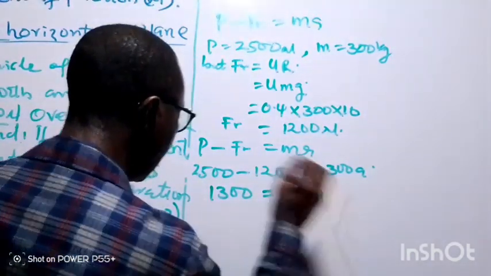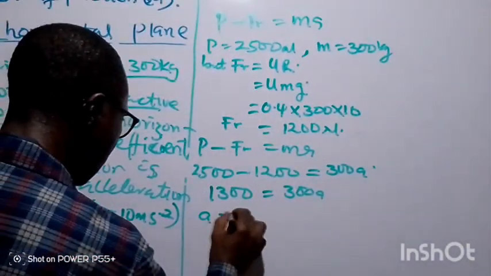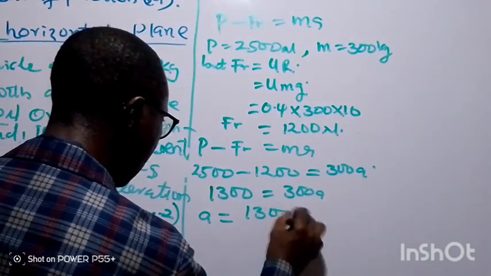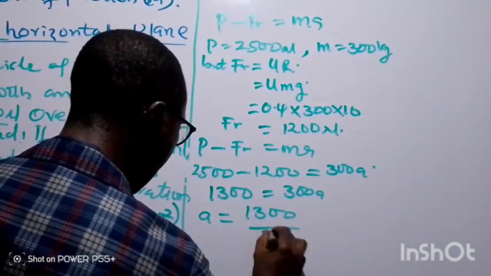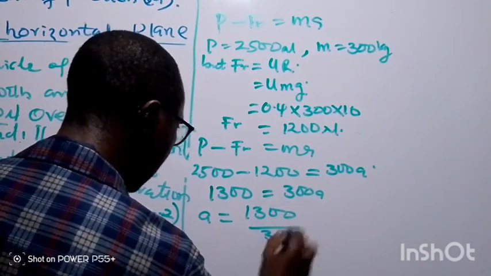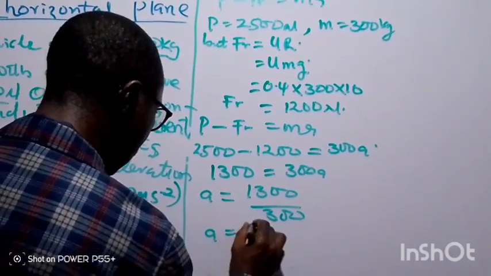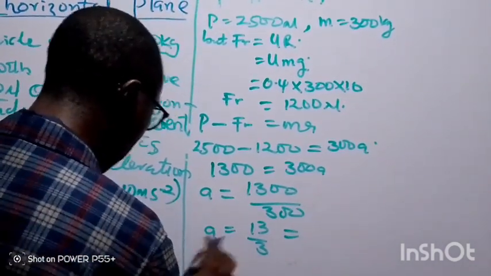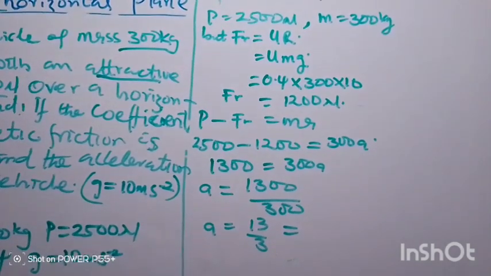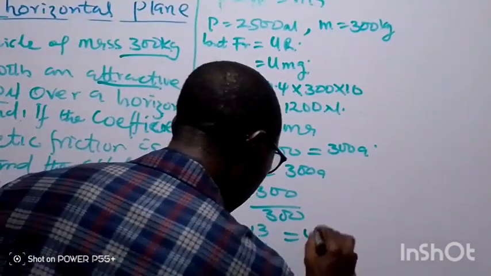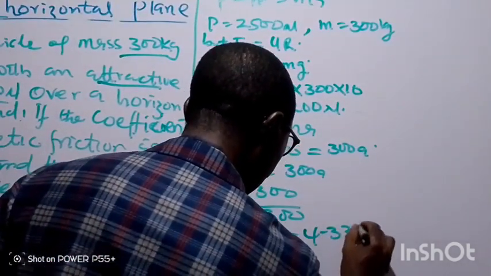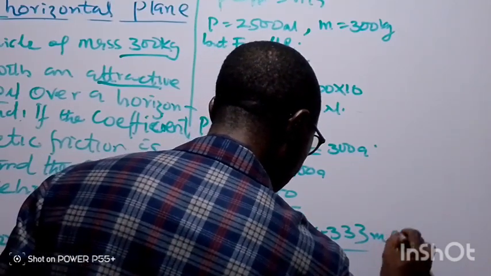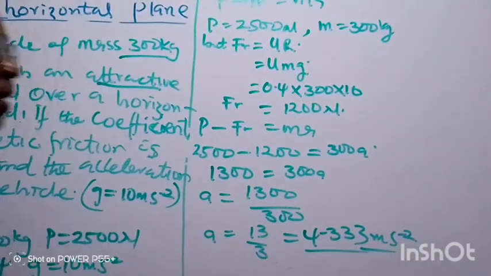So a now will be equal to 1,300 divided by 300. The zeros will cancel, so we are at 13 over 3. And the answer for the acceleration of the vehicle will be 4.333 meters per second squared. That's the acceleration of the vehicle.